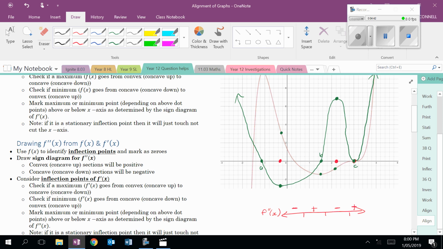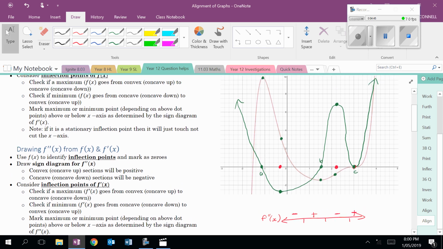Now if we consider our inflection points of the derivative this time, so we're not worried about the inflection points of the original curve anymore, we're worried about what they are on the derivative. So if I come around here, there's some sort of inflection point at about here, and it's going convex to concave. So this will create a maximum.